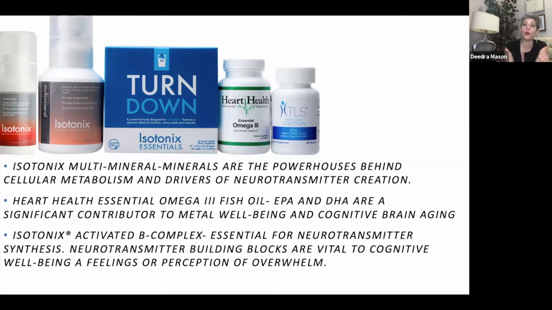But by and large, most individuals, especially those that are running themselves ragged, or those that are predisposed to mental emotional issues, have a higher need for minerals. You know, we often think about the fibromyalgic individual. It just hurts everywhere. You say, where does it hurt?